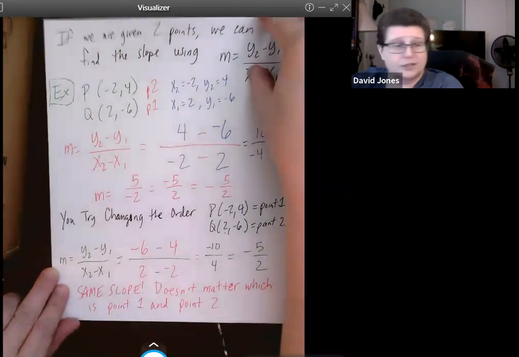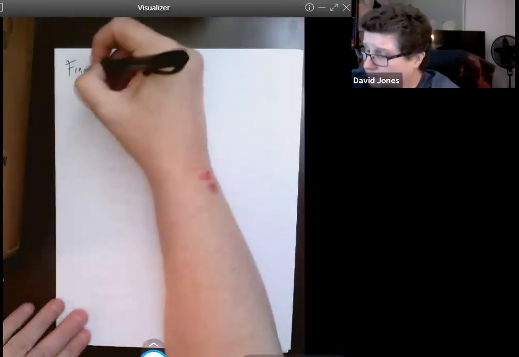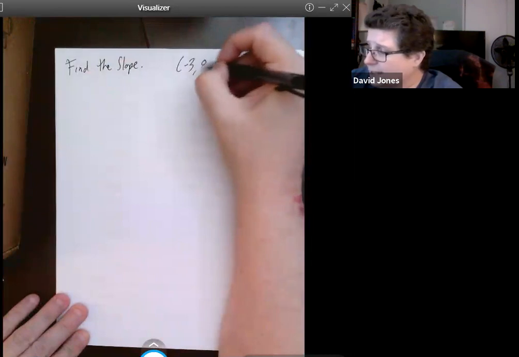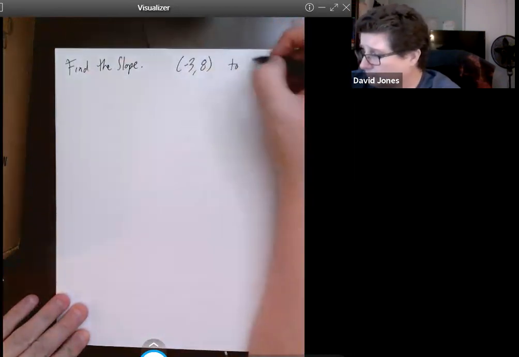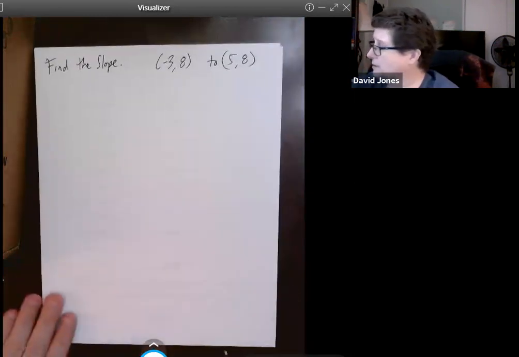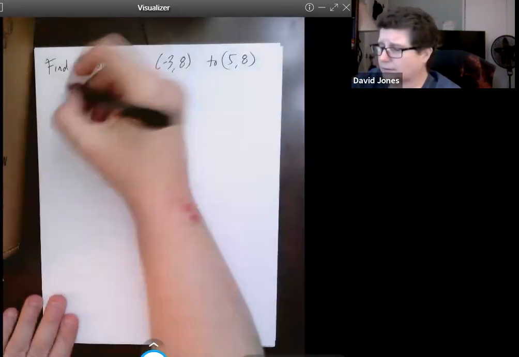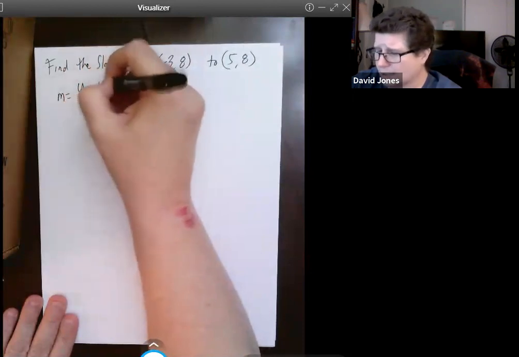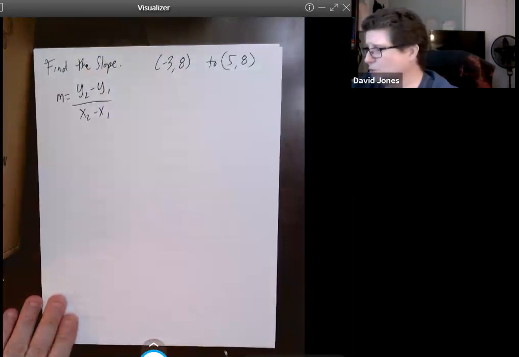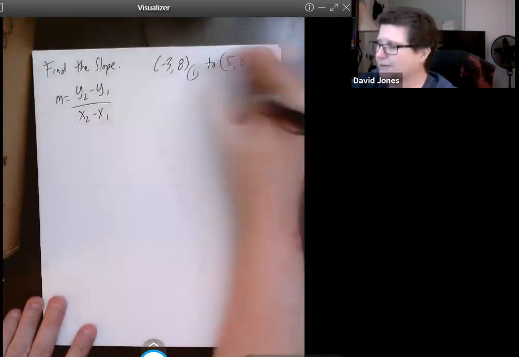Let me give you guys another one to try. Find the slope from (-3, 8) to (5, 8). I'll assume you paused it. y2 minus y1 over x2 minus x1. Since it doesn't matter which one I'm doing, I'll make the second point that set and the first point that set, that way I've got positive numbers in front.